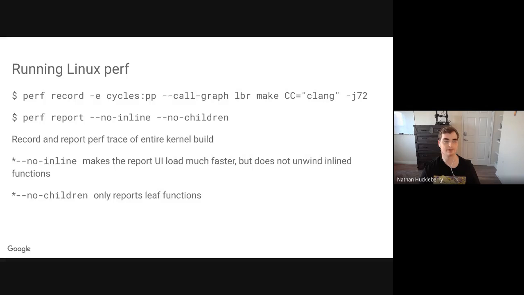So a problem that I was running into a lot is the traces take a really long time to load with Linux perf when you're doing a full kernel make invocation trace. So --no-inline makes it take significantly less time. It went from like 30 minutes to like 2 minutes or something like that. And then --no-children is useful if you only want to see leaf functions.